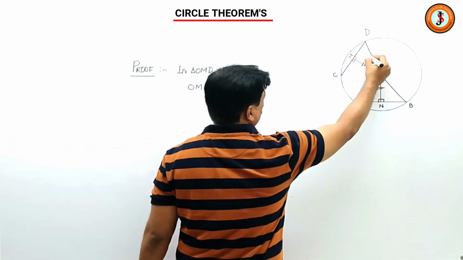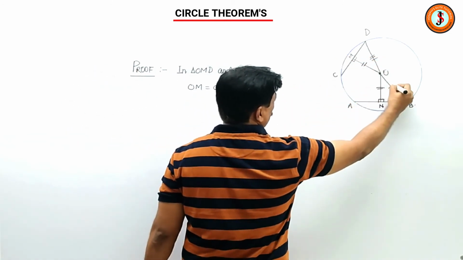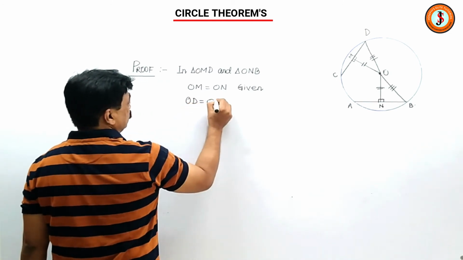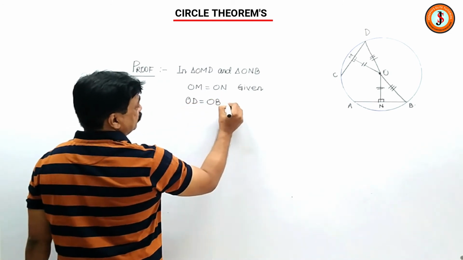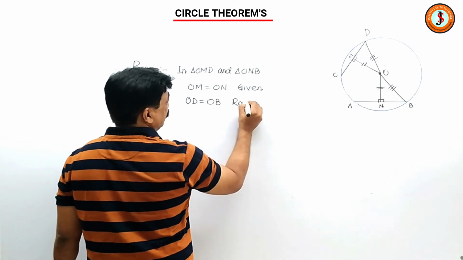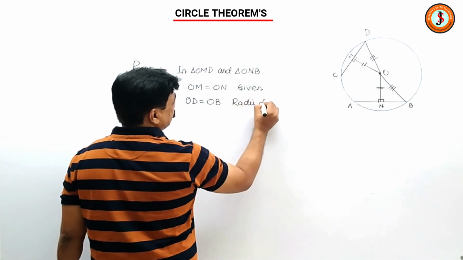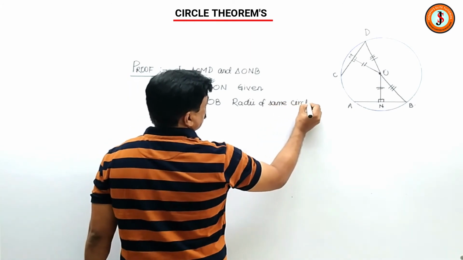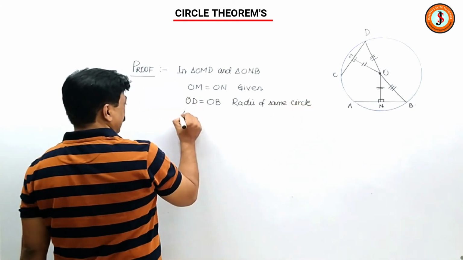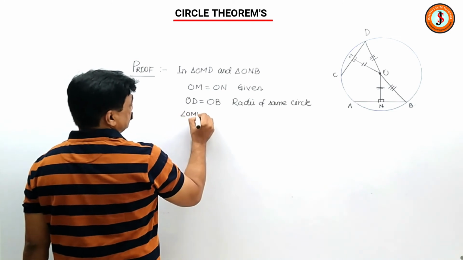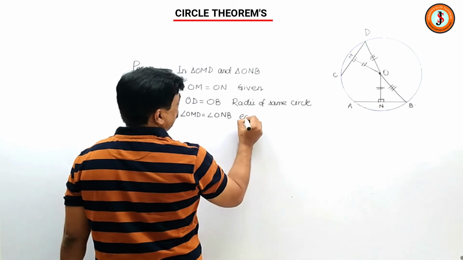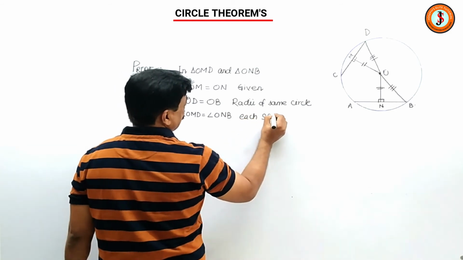OD is equal to OB, radii of the same circle. Then angle OMD is equal to angle ONB, each 90 degrees.